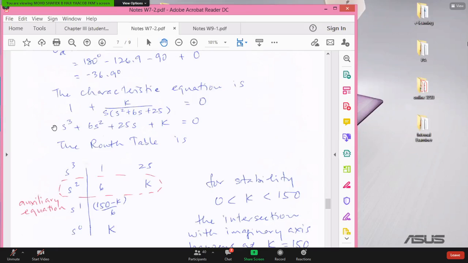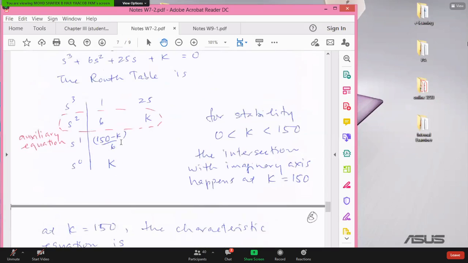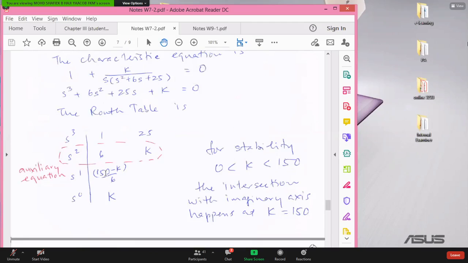This is going to be a third order polynomial, and then you develop the Routh table, and you can see that when k is equal to 150, the system becomes marginally stable. So you want to find the roots when k is equal to 150. You can substitute k equal to 150 back into the characteristic equation and find the roots.